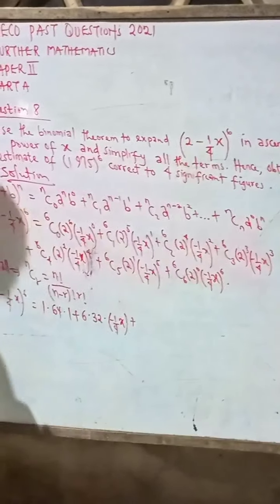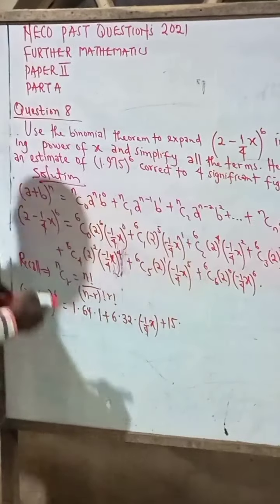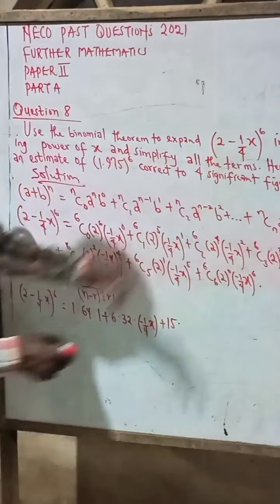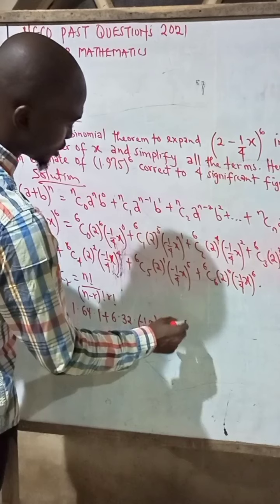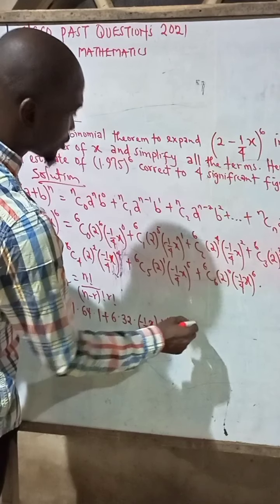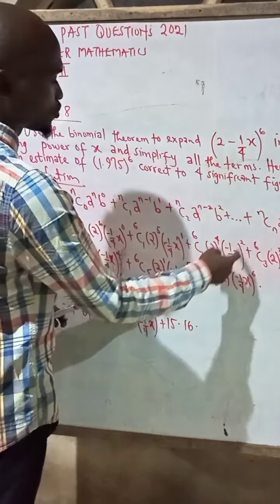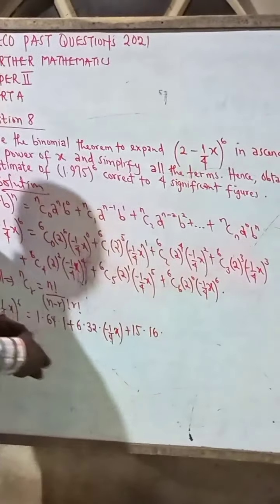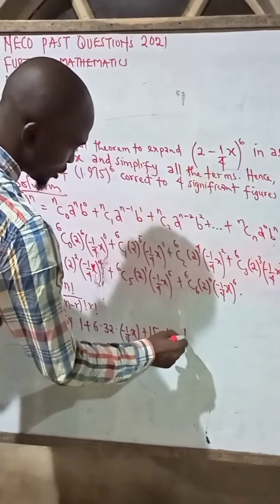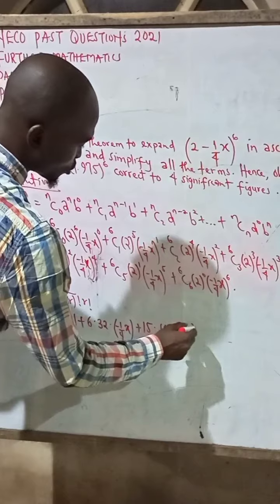Then 15 times 2 raised to power 4, which is 16, times minus 1 over 4x raised to power 2. Since the power is even, it will affect this sign and become positive. That will be 1 all over 4 squared, which is 16x raised to power 2.